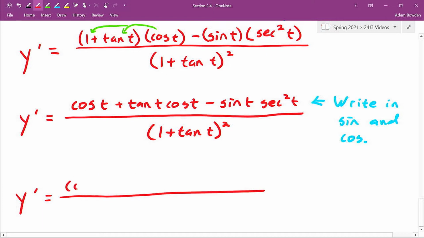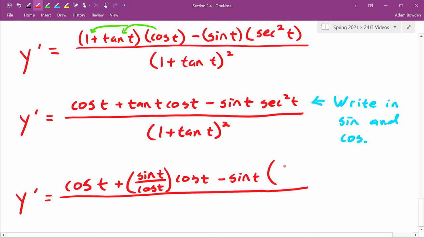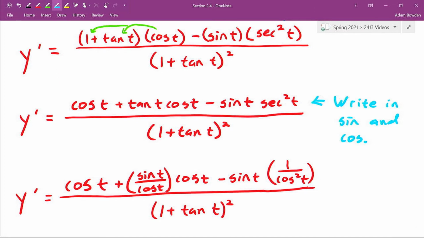So what that means is we're going to rewrite this as cosine t. Tangent t I can write as sine t over cosine t, times cosine t, minus sine t, and then for secant we can write that as 1 over cosine squared t. Now immediately something is going to simplify, and that's the cosine t.